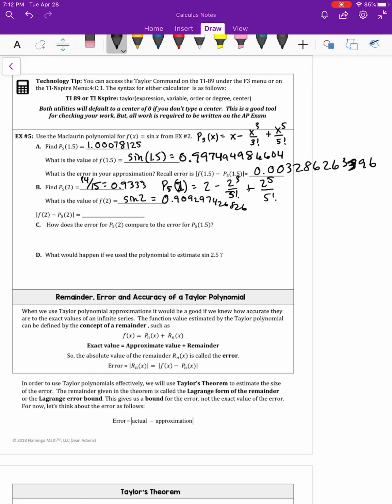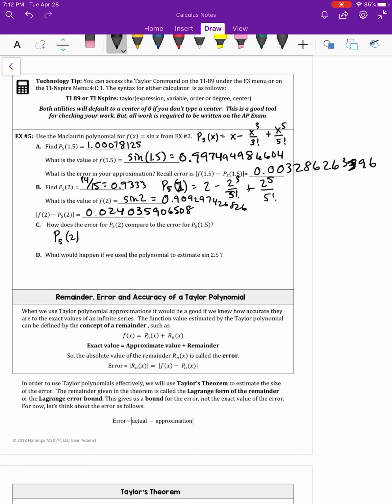And then if f of 2 minus p sub 5 of 2 is taken in absolute value, what does it equal? And so when I did that in my calculator, I got 0.024035906508.